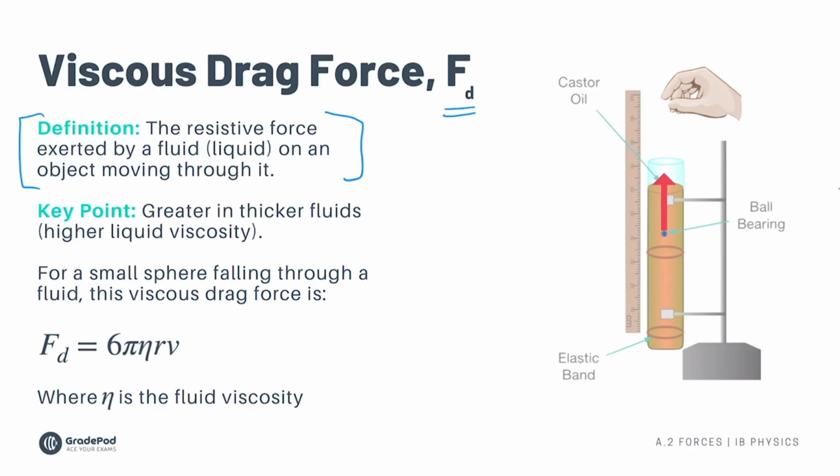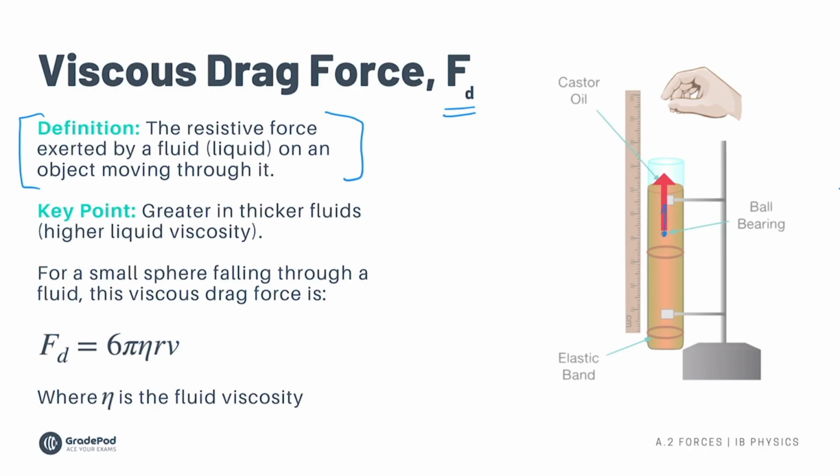The example we have here is a ball bearing moving downwards through castor oil as a result of its weight, and a force acting backwards resisting its motion, which is drag, a bit like friction, and it's eventually going to balance out and cause a constant speed here. The key point of this is the viscous drag force is greater in thicker fluids. So if you have a fluid that's got a high viscosity like honey or castor oil, then that viscous drag force is going to be greater.